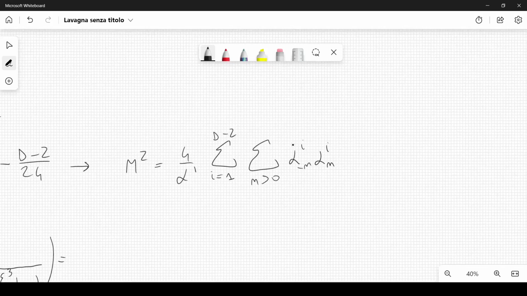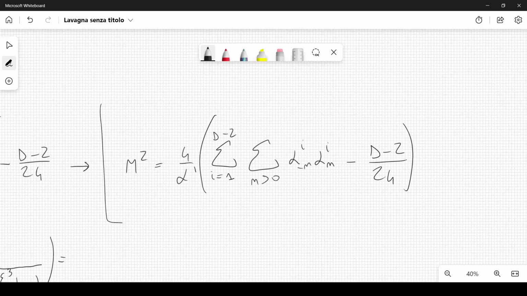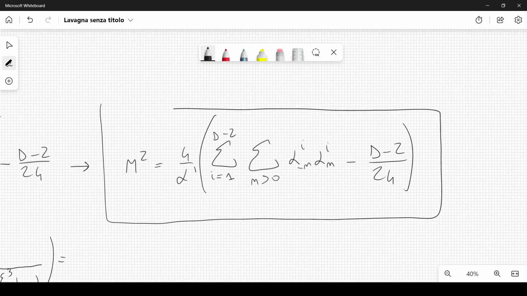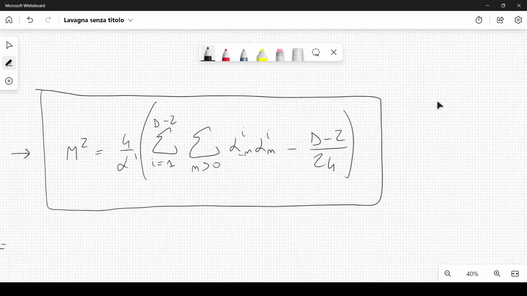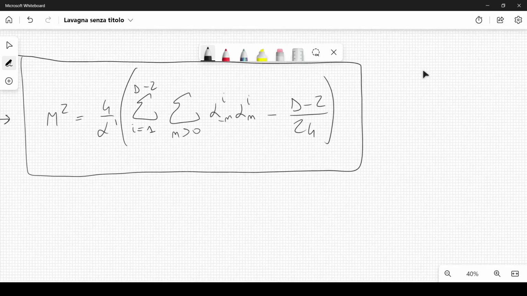So the alpha coefficients with the tildes. In this case, they are operators. And as I said, instead of considering this summation, we have to put minus d minus 2 over 24. Like this. So this is the definition that we will have to consider in our theory if we want to remove the ambiguity thanks to the normal ordering. And this same operator can also be written, as I said, with the tildes.